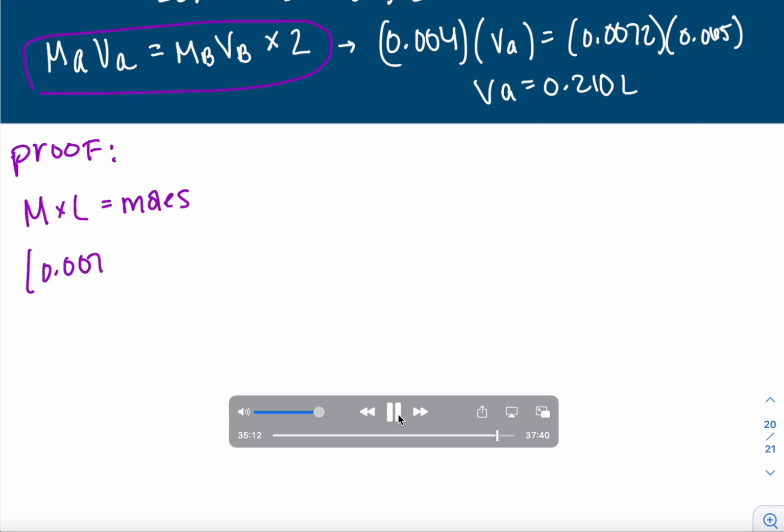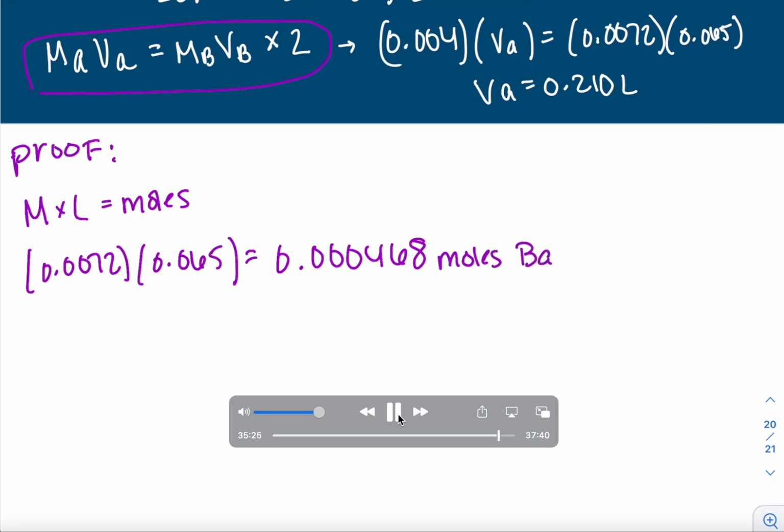So we have this molarity times this many liters is equal to moles of base.